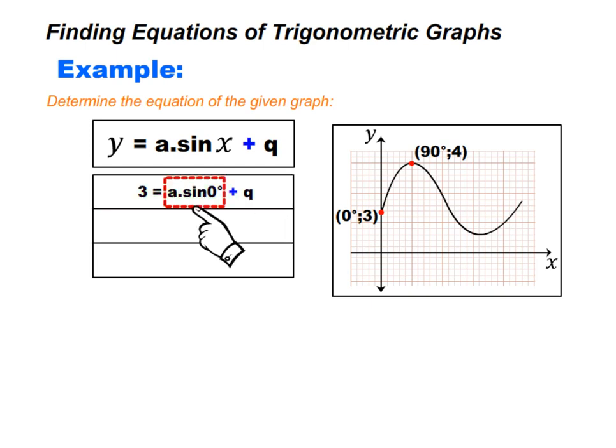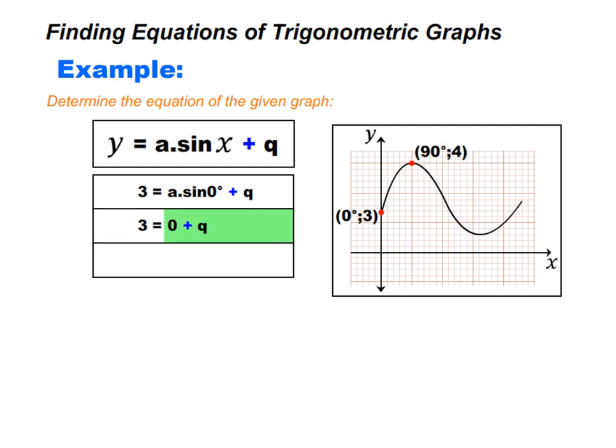Sine 0 degrees is equal to 0, so we have 3 is equal to a multiplied by 0 plus q. A multiplied by 0 is equal to 0. So far we have 3 is equal to 0 plus q.